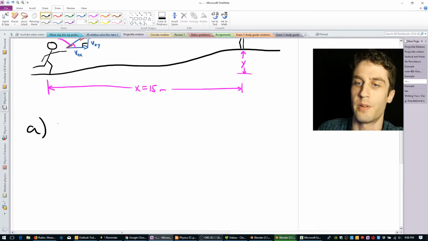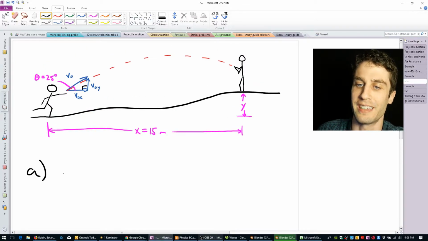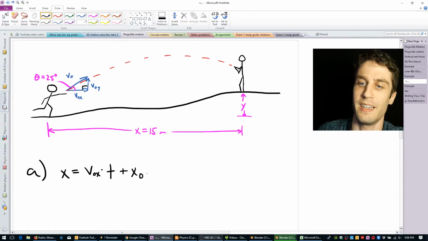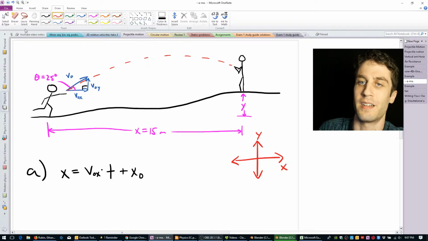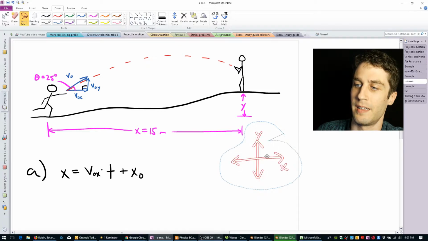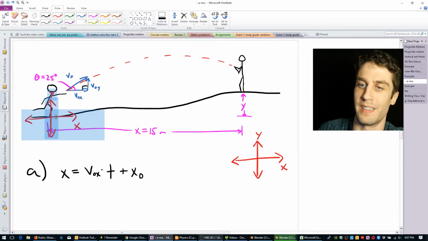Okay, part A. We wanted the horizontal component of the ball's velocity. Well, they stand 15 meters away, and they catch it after 2 seconds, and so x is equal to v0x times t plus x naught. Again, I'll be good. Draw some coordinates. This is already a very busy figure, but I'll overlay this where I'm setting the coordinates.